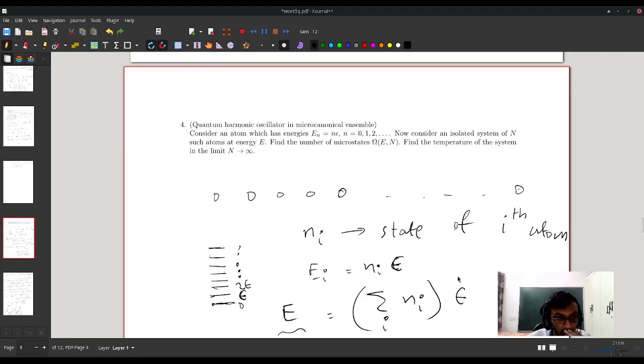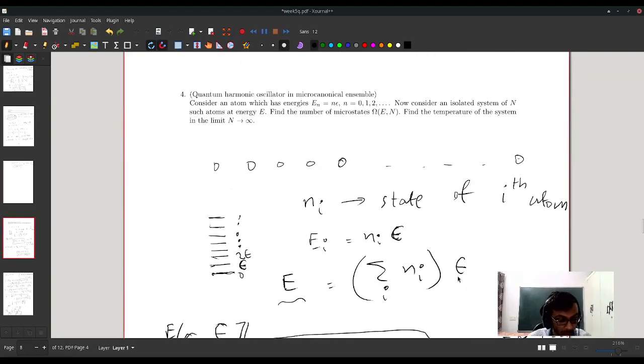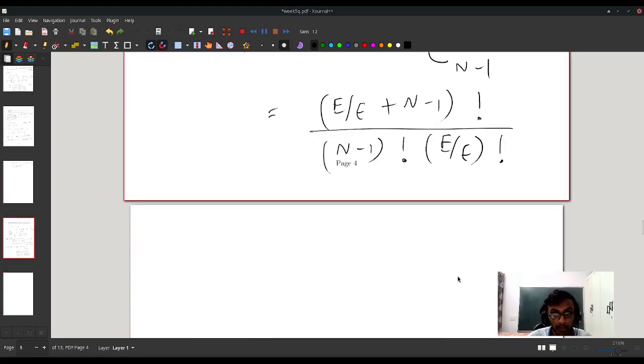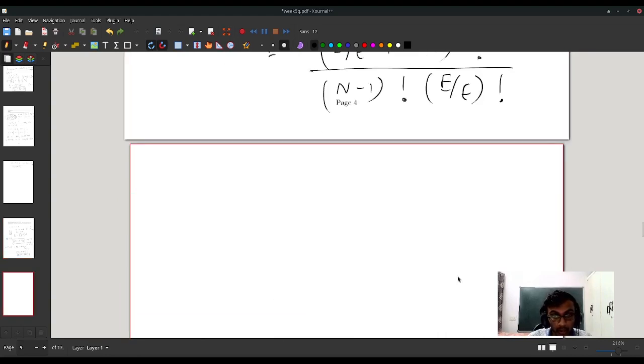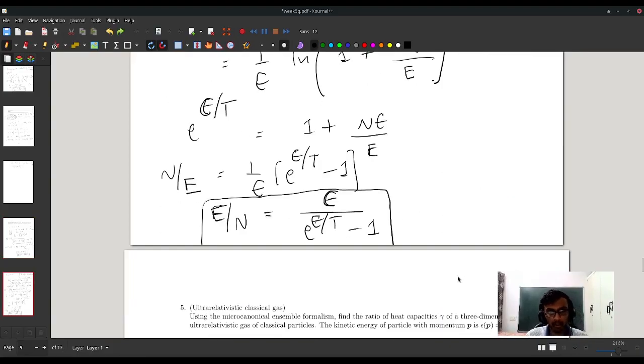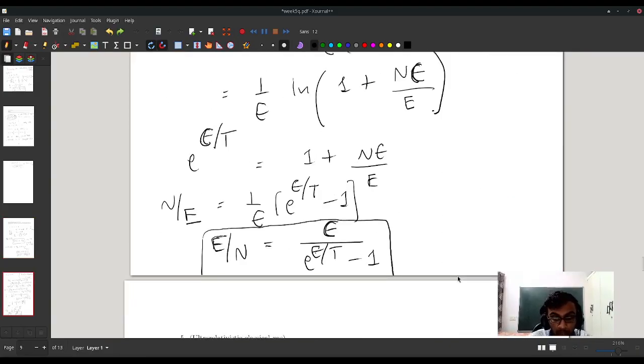But here it is directly the number of microstates, because the allowed states are discrete.